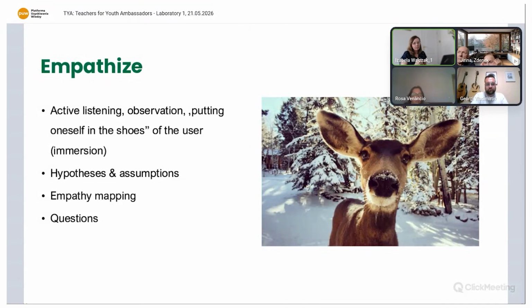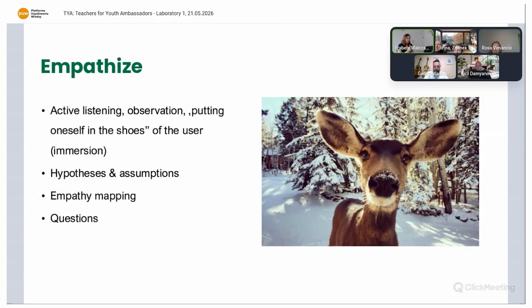I'm also a user. Maybe I'm not a heavy user, but I'm a user of public transport. So I could note down what disturbs me, what annoys me, what my challenges are, what I would welcome, how I use the transport, and what the probable challenges would be. If I list them down, then I can check them with the users. I might be right, but I might be wrong.